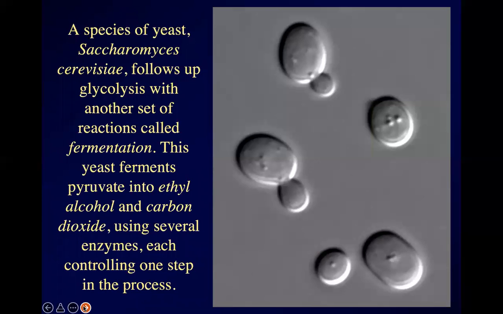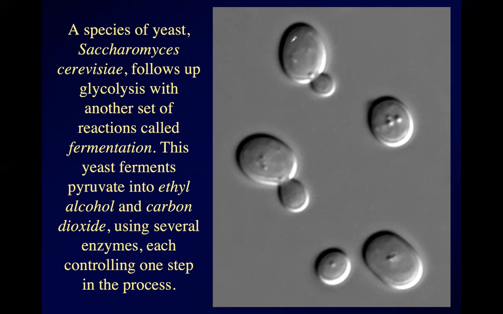This is a yeast. This is a single-celled fungus. That's the definition of a yeast, seen under a microscope, and it happens to be called Saccharomyces cerevisiae. And what this yeast does is it takes pyruvate and it carries out a set of reactions called fermentation.